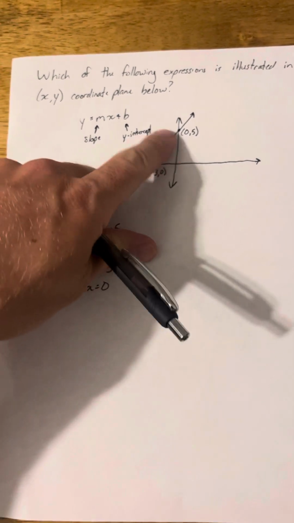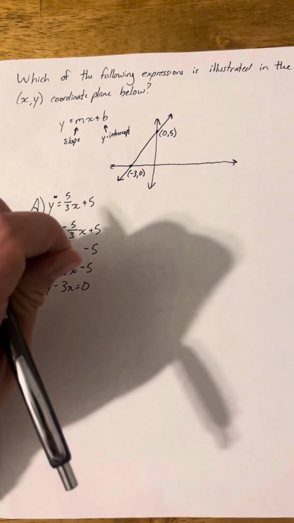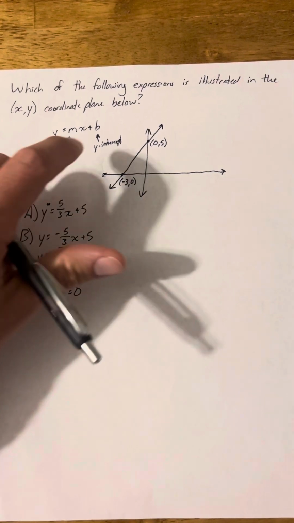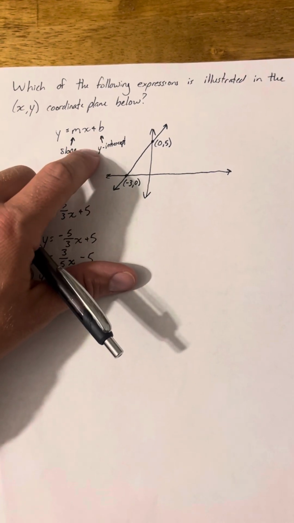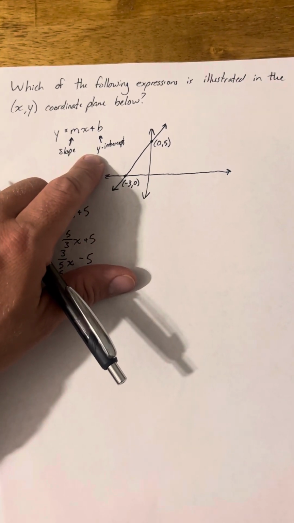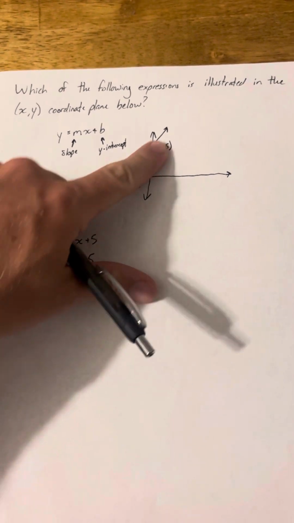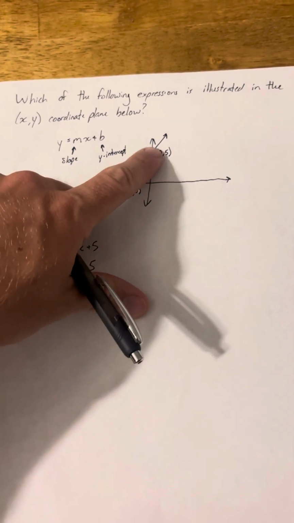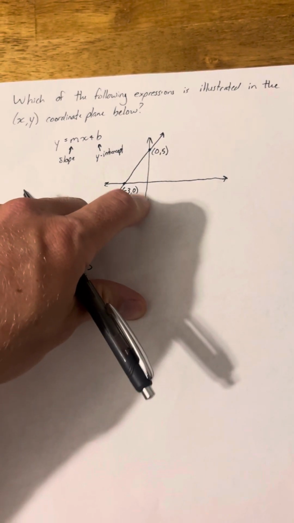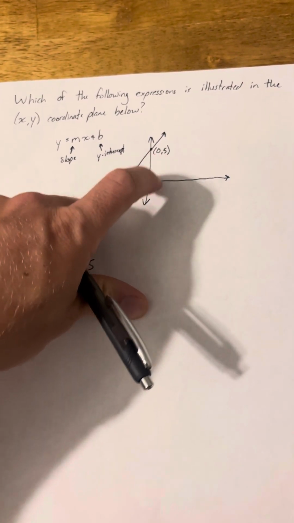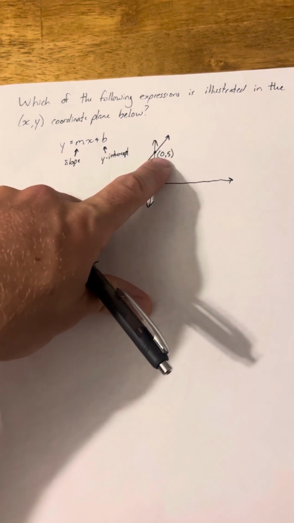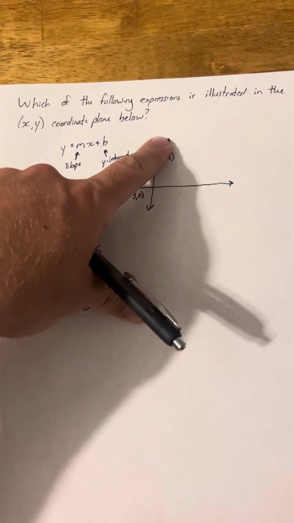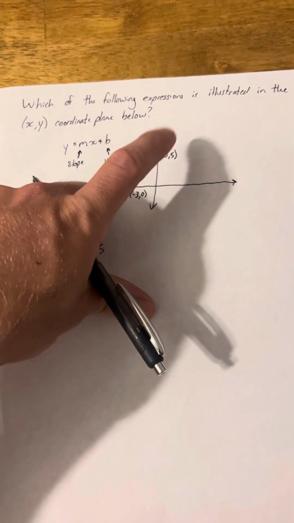Y-intercept, when given a graph, is very simple most of the time. Very, very simple, because you're just looking for where your line goes through the y-axis, okay? So if I look at this line, my line that I'm given goes through the y-axis at 0, 5. So that means my y-intercept is the y value of that point. So that is 5.